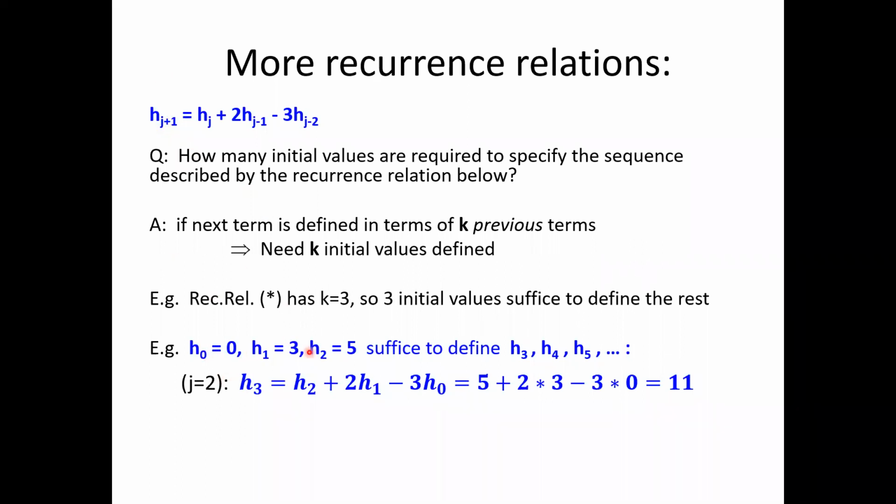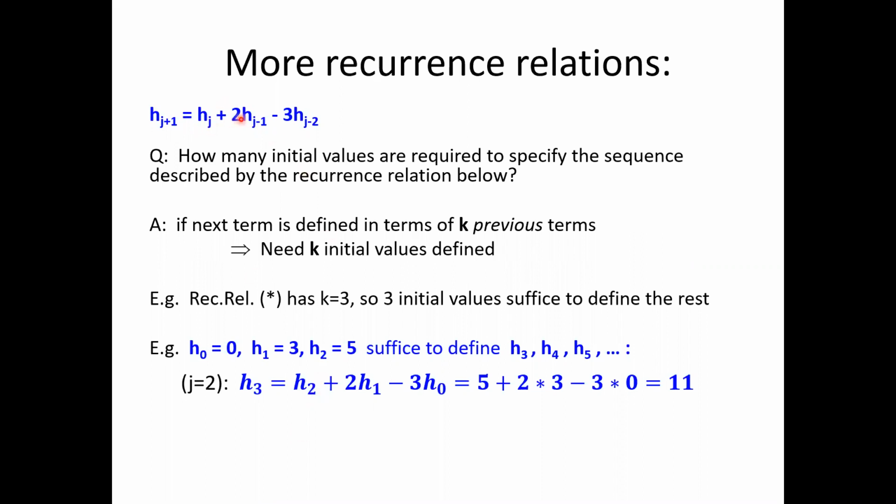Okay, so here, if I define the first 3 elements of the sequence by hand, this is the base case of the recurrence relation, of the definition of the sequence. Then this suffices to define all the others. In particular, let's see how it defines H3. How do you define H3? Well, you have to instantiate this with j equal 2, right? At which point this becomes 3. If j equals 2, this is 3, and this is 2, so it's here.